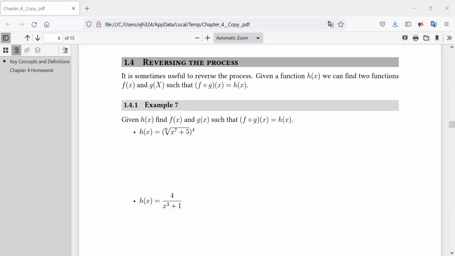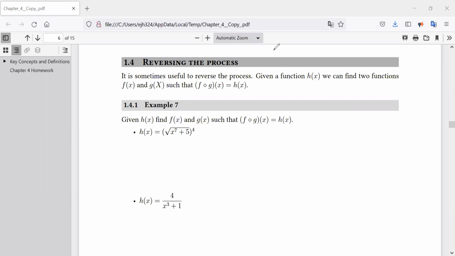Sometimes there's one very natural way to do it, other times there's multiple natural ways to do it, and other times there's no natural way to do it.